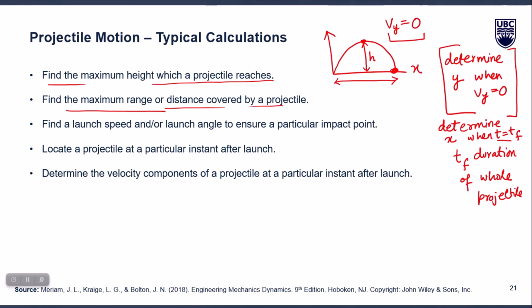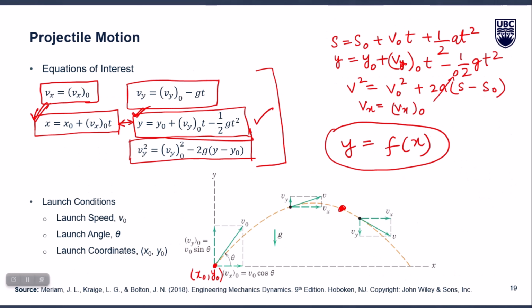Put that t in x as a function of time to determine the range of the projectile, right? So please note that this equation is x described as a function of time. Similarly, this is y described as a function of time. You can put y equal to 0 to get t. That t will be your whole duration of the projectile.